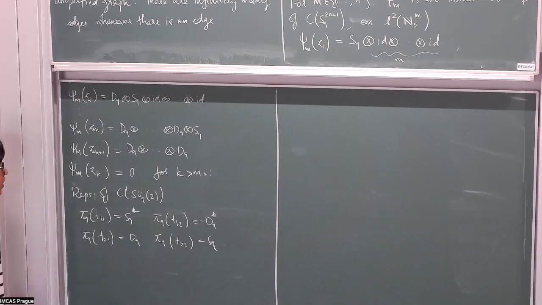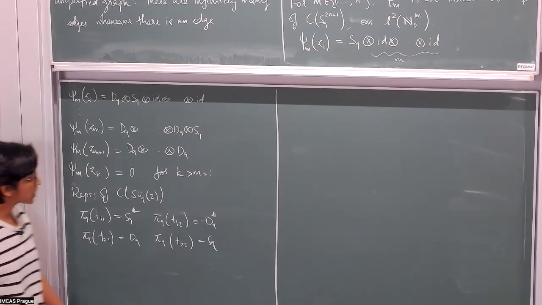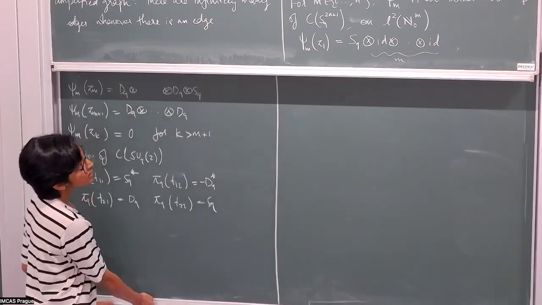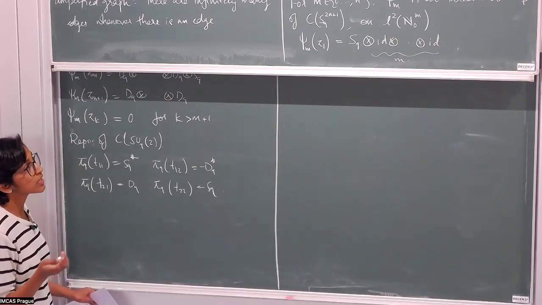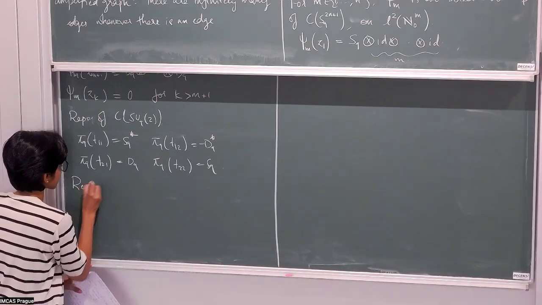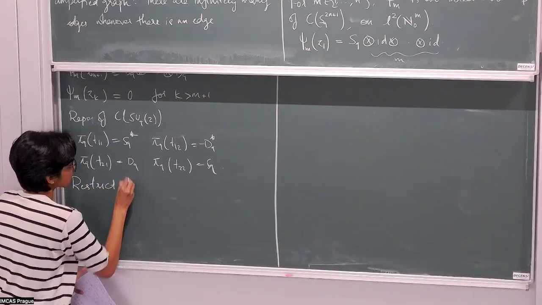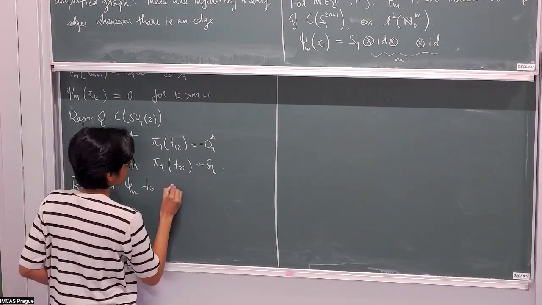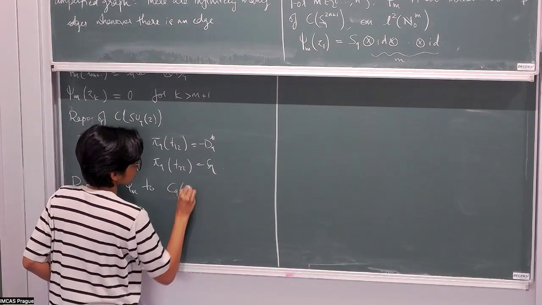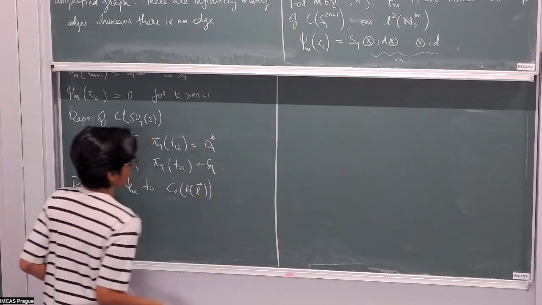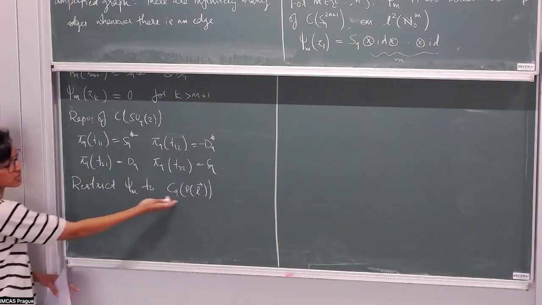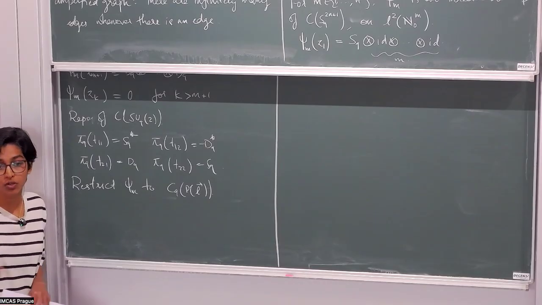Okay, so we have the representations that we think might be the irreducible representations of our C-star algebra. But what we can do is restrict psi m to CQ of P of L. Now this gives us a representation of our C-star algebra, but it is no longer irreducible.